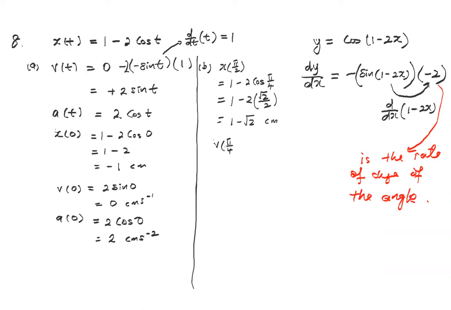And V of pi by 4. Okay, so 2 sin pi by 4. Sin pi by 4 is the same as cos pi by 4, equal to root 2 over 2. So it's root 2, that's why it's 1.414 cm per second.